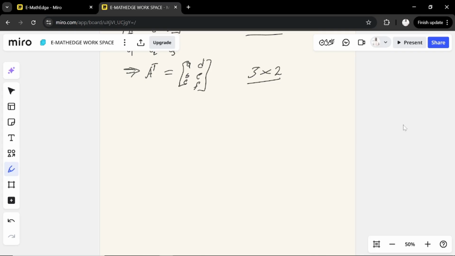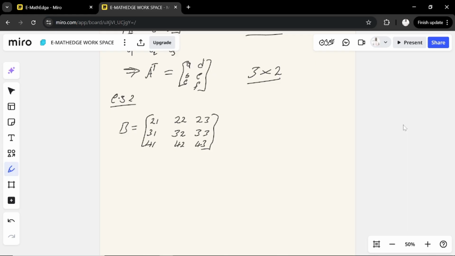Also, let's look at example 2 for better understanding. Now, let's say we have matrix P to be a 3 by 3 matrix with the following elements. We have 21, 22, 23, and the second row we have 31, 32, 33, while the third row we have 41, 42, and 43.